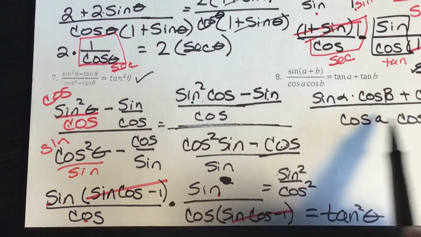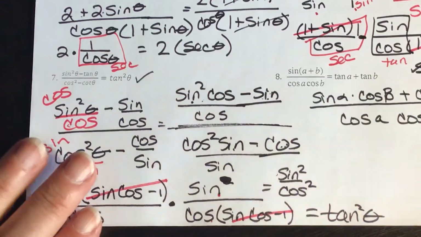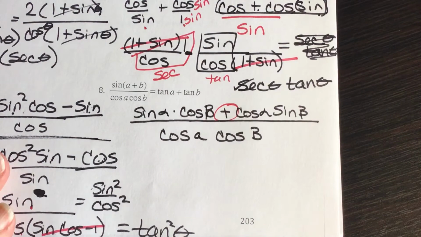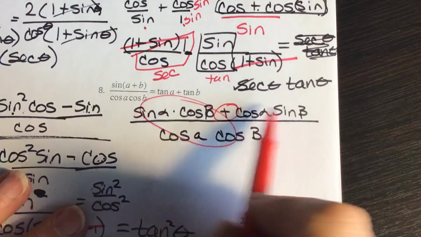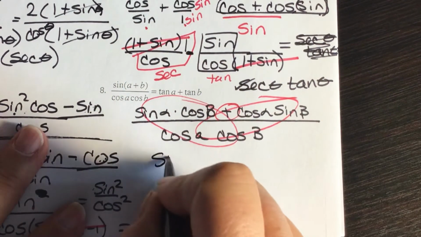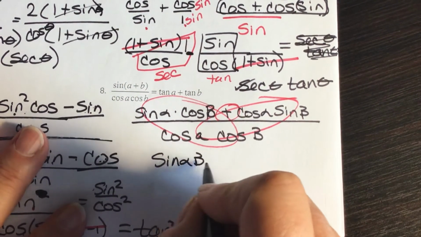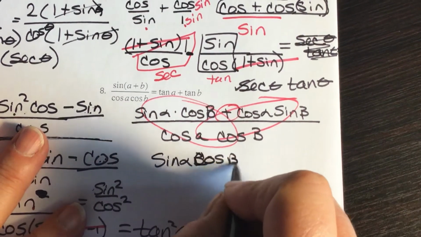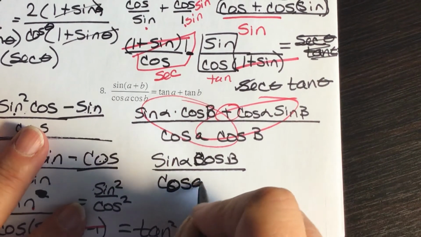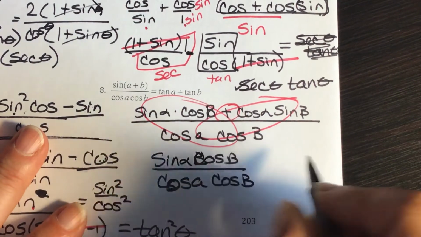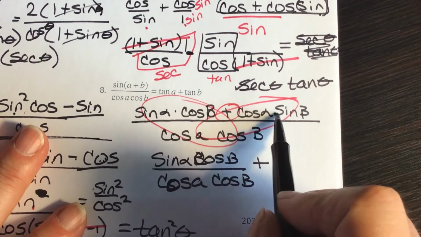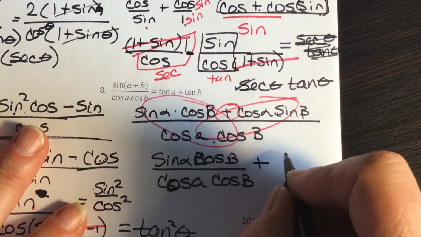So when I have two factors on the denominator and two terms on the numerator, oh, I'm so sorry. I might want to break this up into two fractions. So I'll have sine of A cosine B over cosine A cosine B. And then I'm going to add this term over the common denominator.